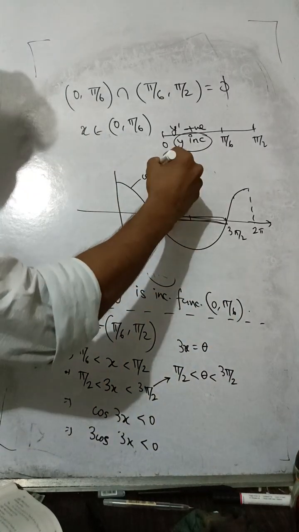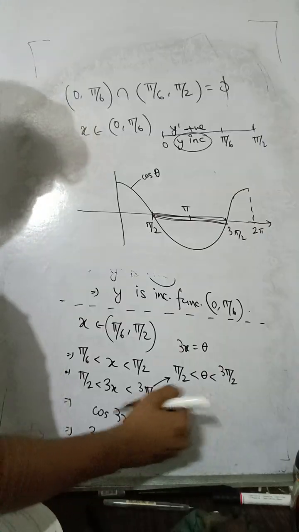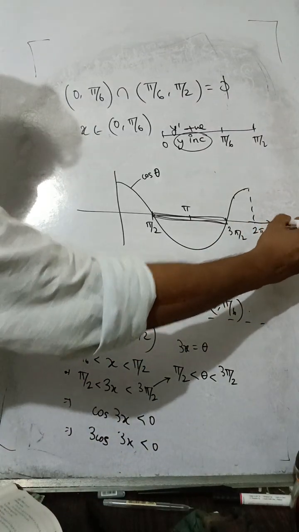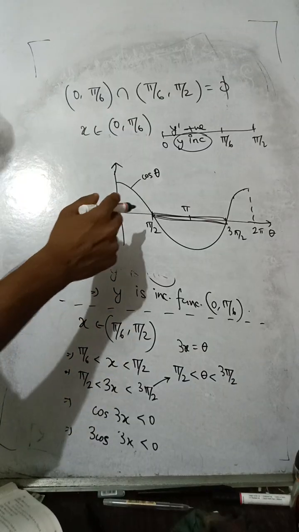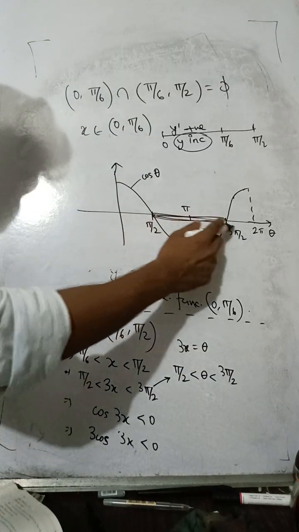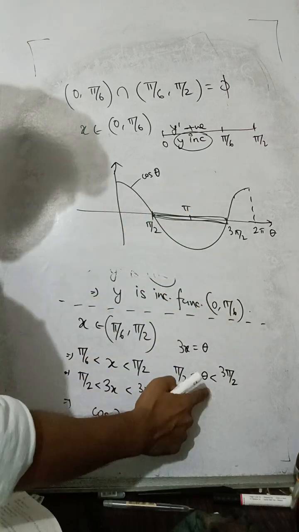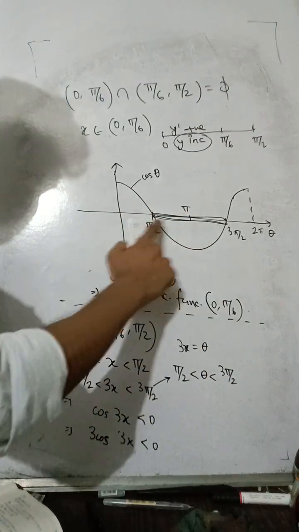Now let this be cos theta. Whenever cos theta is between these two points, cos theta is negative, so our theta is between these two regions.